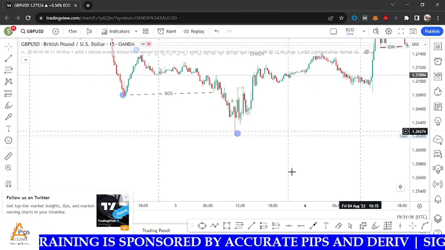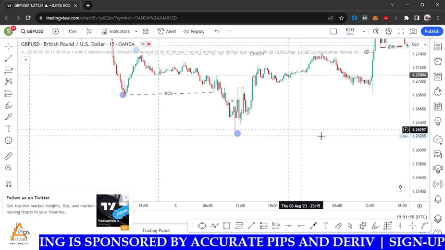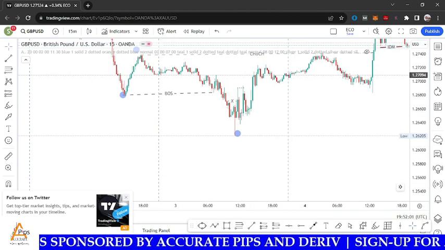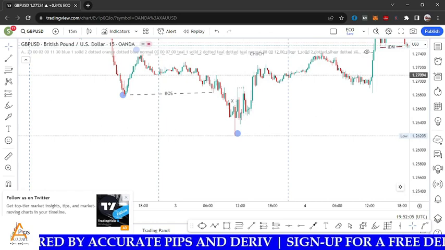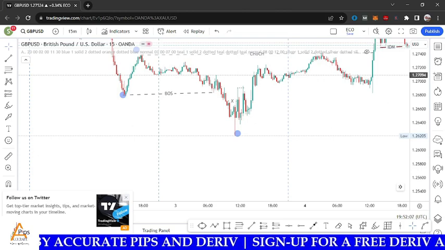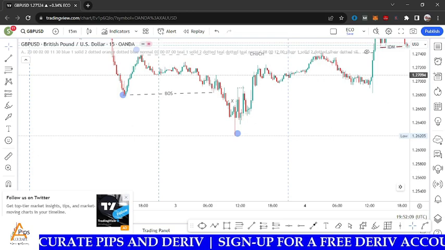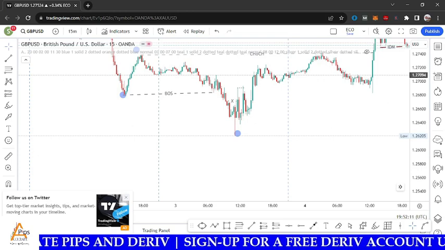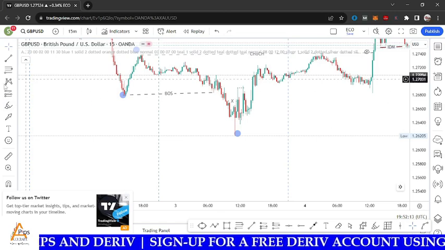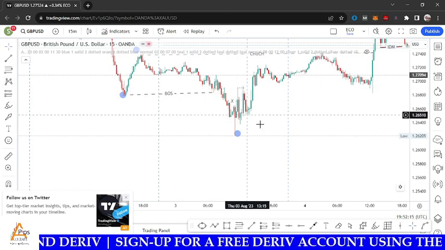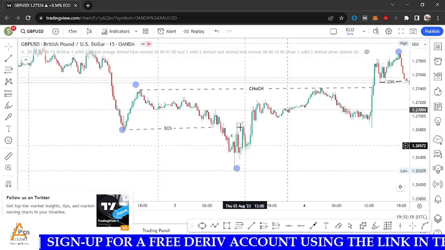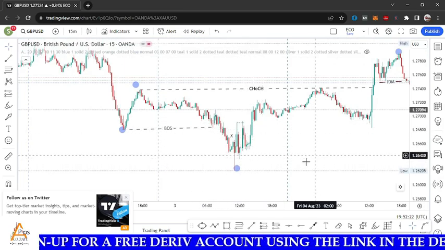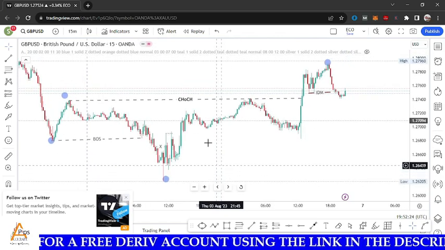When we have any of those types, then that is where we can consider it as an IFC that we can look at, and then we will take trades based on that. As it stands now, this body is a very long body, so this is not an IFC. We can just deal with a normal order block from those areas.